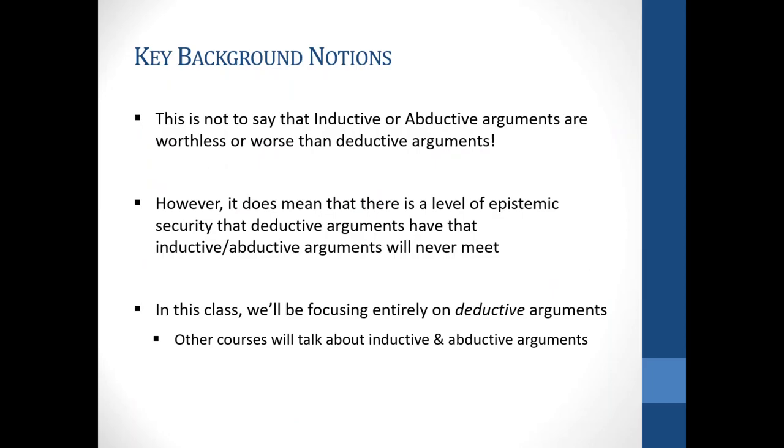And that's fine. That's absolutely fine. What we're going to be focusing on here are deductive arguments. We're going to see, can we deliver these beautiful, epistemically perfect, secure systems? We'll do our best.